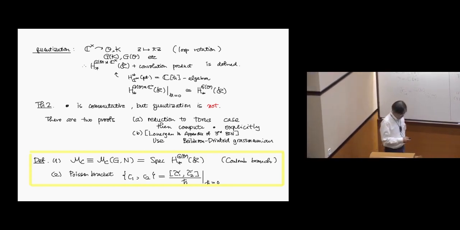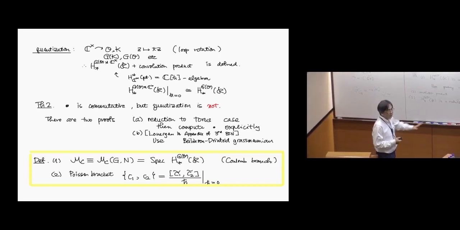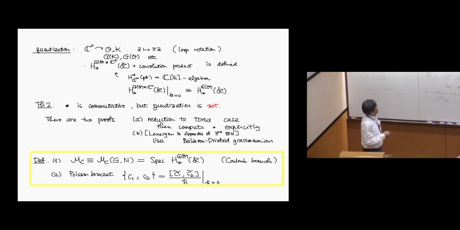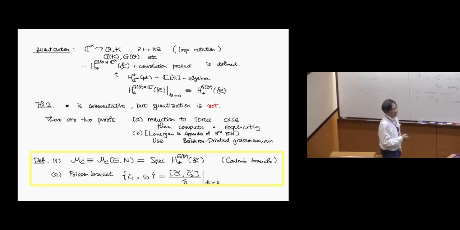Once you have the non-commutative deformation of a commutative algebra, you can define a Poisson bracket by this formula. You have functions C1, C2 on the Coulomb branch, then you lift to the non-commutative deformation and take a commutator. Since at h bar equals 0 it becomes commutative, the commutator is 0 at h bar equals 0.